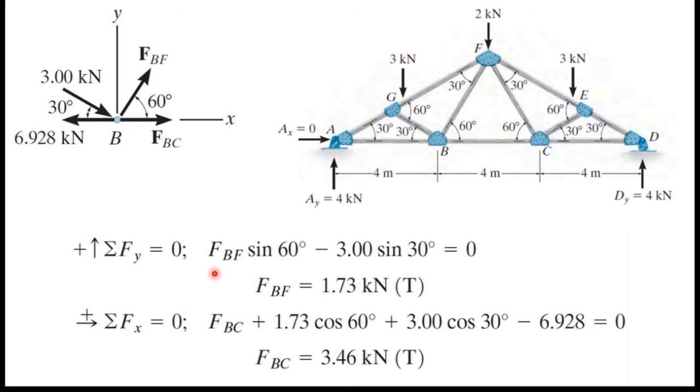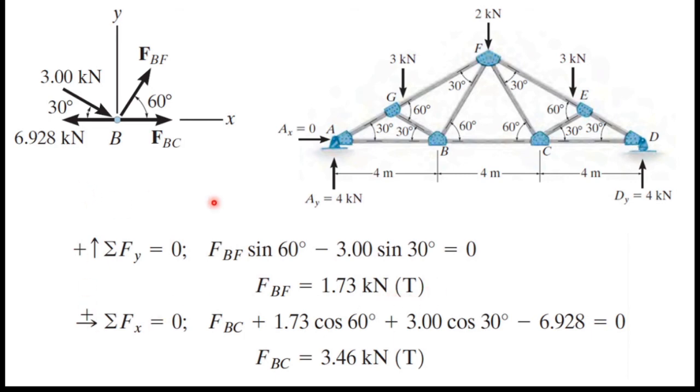So I have to write FBF sine 60 minus 3 sine 30, that is this force. If I get the vertical component of this force, I have to write 3 sine 30. Then I simplify this and get the answer as FBF equals 1.73 kilonewton, and it's a tension force.